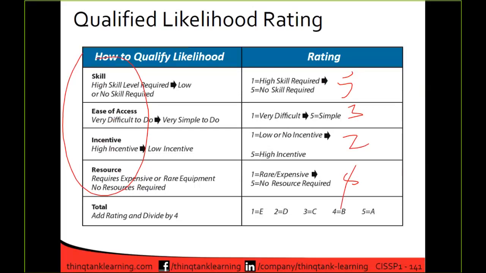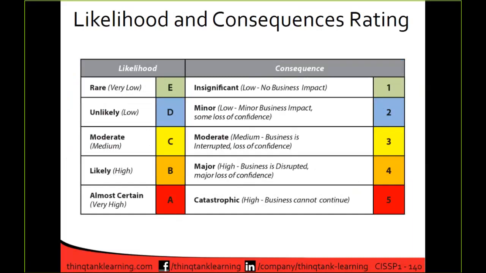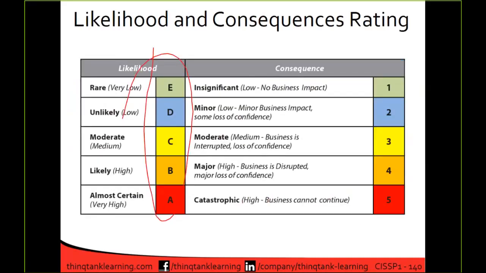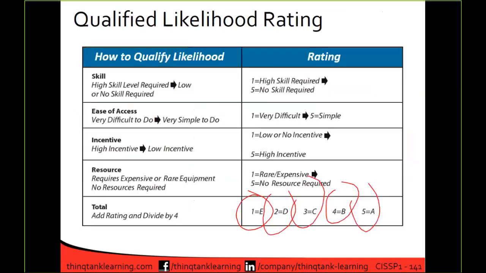We add all those up, and we divide by 4, and that's how we get these individual classifications, right? 1 is an E, 2 is a D, 3 is a C, 4 is a B, 5 is an A, and that's how we got those classifications, okay? So, and again, just a suggestion or recommendation on how to maybe consider or look at these different threats in your environment, okay?